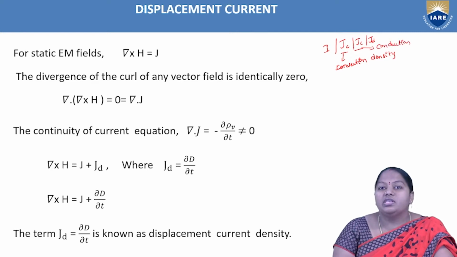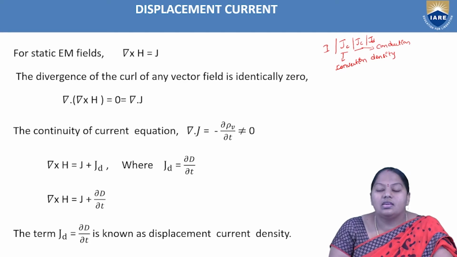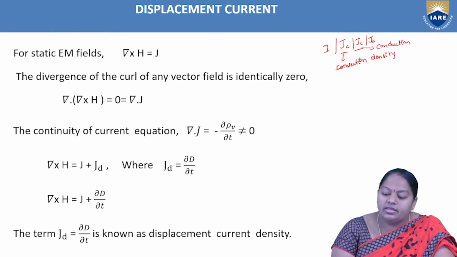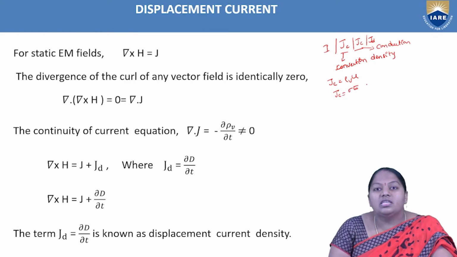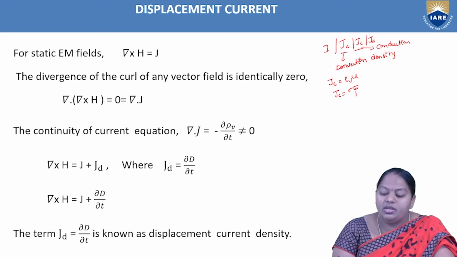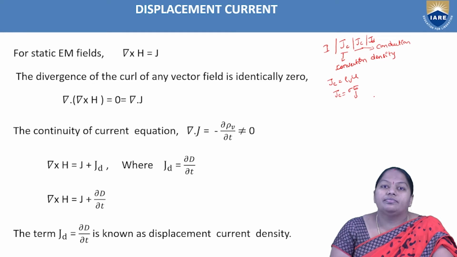There is a difference between these two. Convection current density is given by J equal to rho v into u, and conduction current density J is given by sigma into E, where sigma is the conductivity of the material and E is the applied electric field.